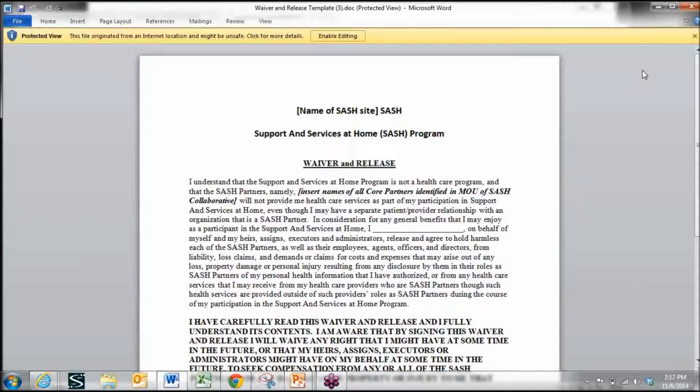And that paperwork is about establishing the professional relationship between the physical therapist and their organization and the client. So there's a client-provider relationship that is being established, and the client, who just happens to be your SASH participant, is signing paperwork that says, yes, I'm accepting these services of the physical therapist.